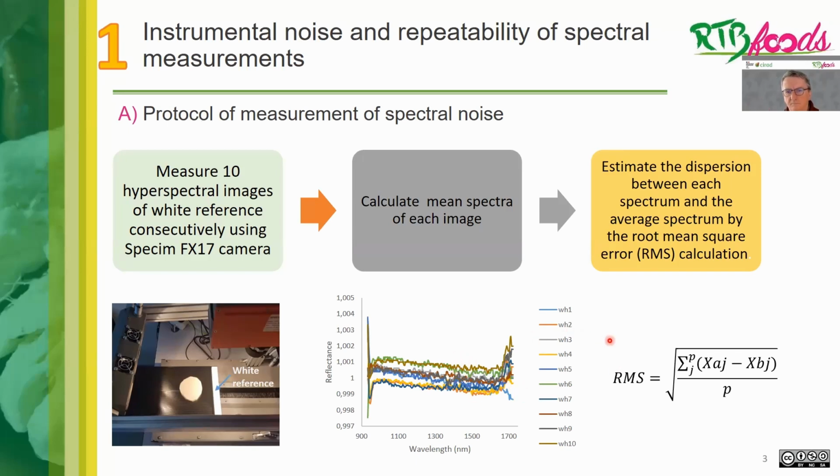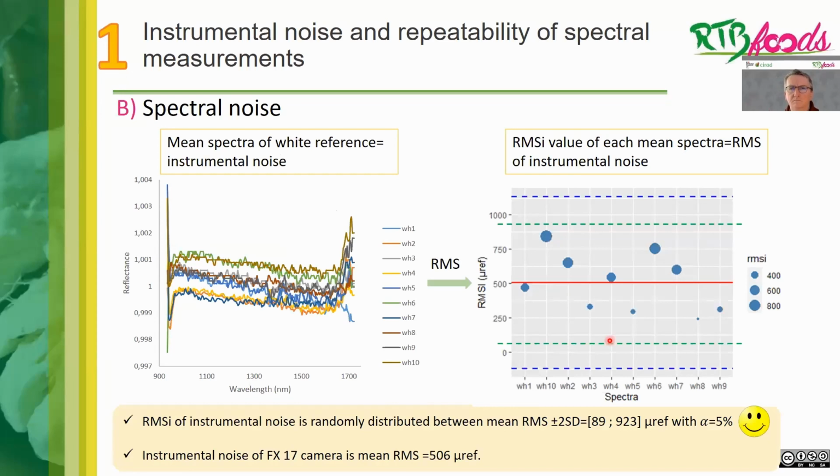The next step is the determination of spectral noise. Here you have the mean spectra of the white reference. We take 10 repetitions, so we have 10 spectra. This is just the instrumental noise of our FX17 camera.